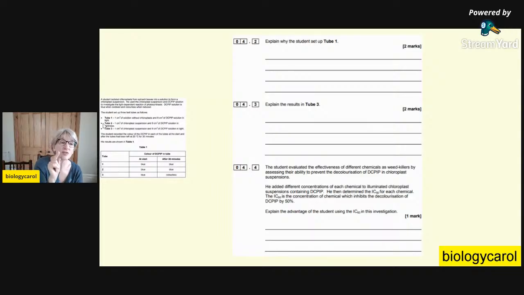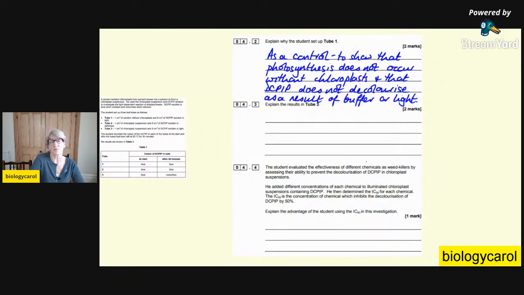Number one, that the thing that is missing, i.e. the chloroplast in this case, is the thing that actually causes the experiment to work. In other words, it's the chloroplast that causes the DCPIP to decolorize. And also to prove that it isn't anything else in that tube setup that causes the DCPIP to decolorize on its own, as it were. Because obviously if that were to happen, it rather screws up the whole of your experiment.